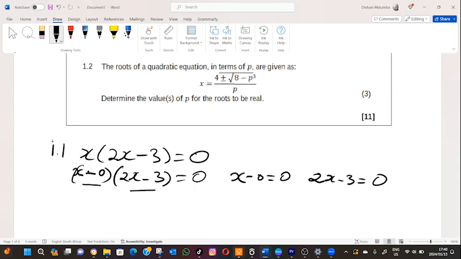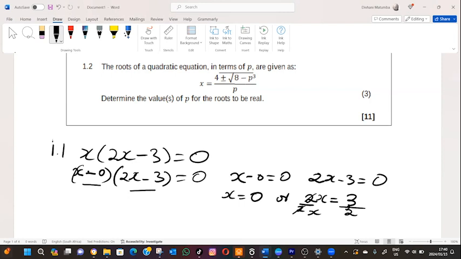This is how we find solutions. So x equals 0, or 2x equals, if you take minus 3 to the other side, it becomes positive 3. To get x, you have to divide by 2 both sides. 2 cancels 2.